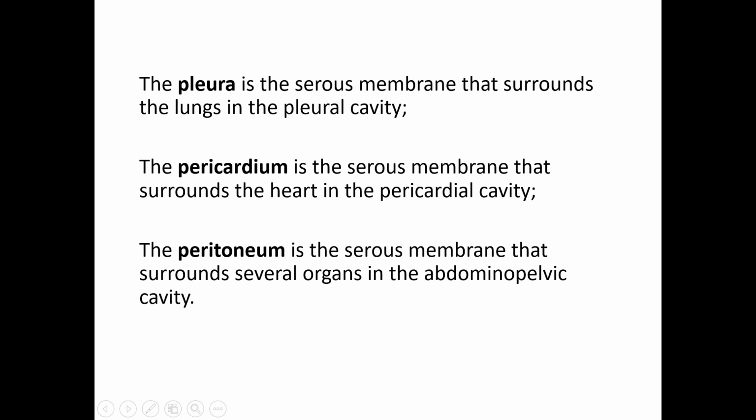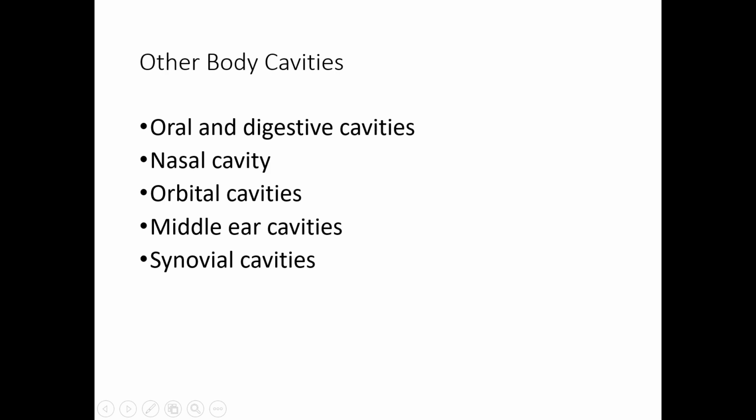We already talked about the pericardium, and there is one more serous membrane called the peritoneum. It is located in the abdominopelvic cavity, and we will be talking about this one later. For now, you need to know what is pericardium, visceral and parietal, and what is pleura, visceral and parietal, and where those are located.